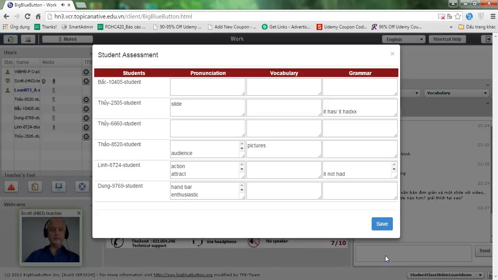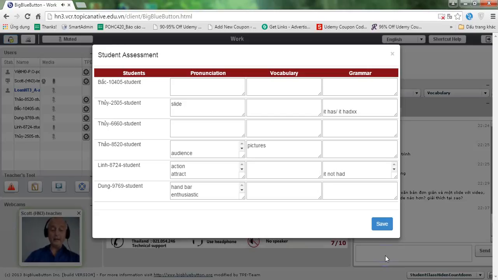Okay, so see, I want to help you with the word slide. Slide. Okay, so practice saying that word slide. Many of the Vietnamese people, they have a hard time saying that word. Okay?